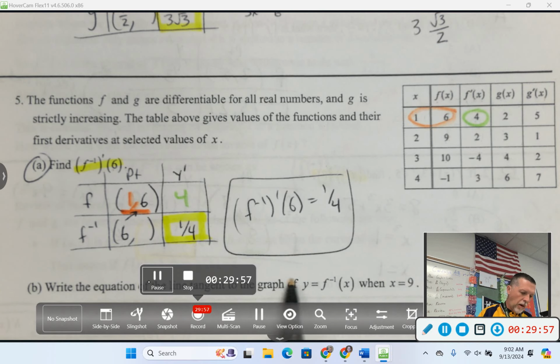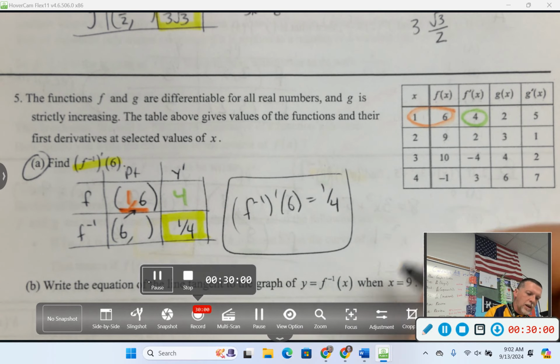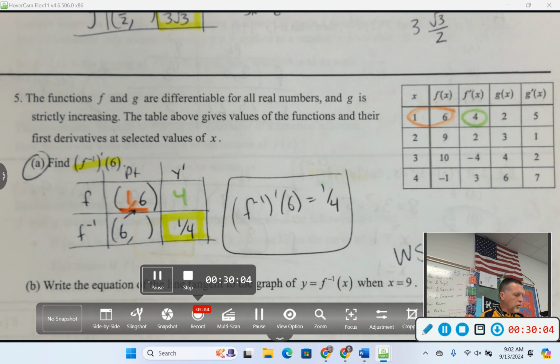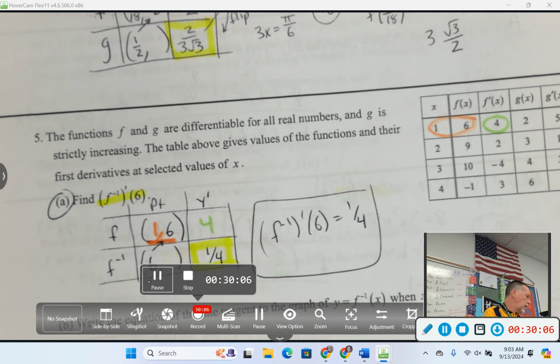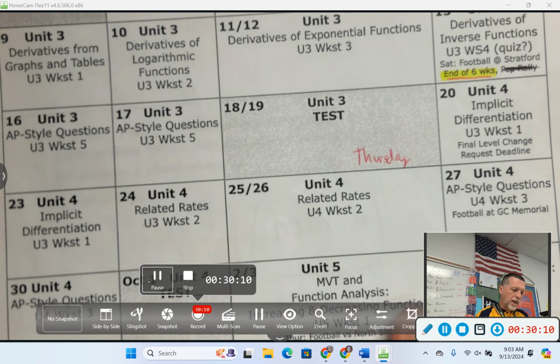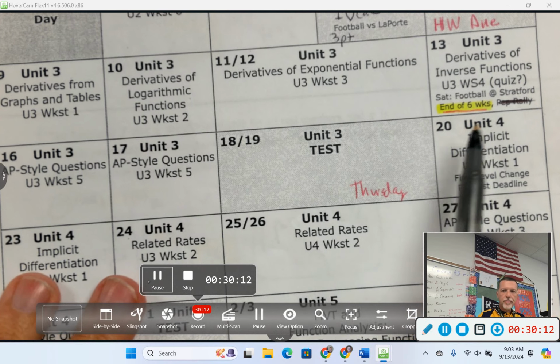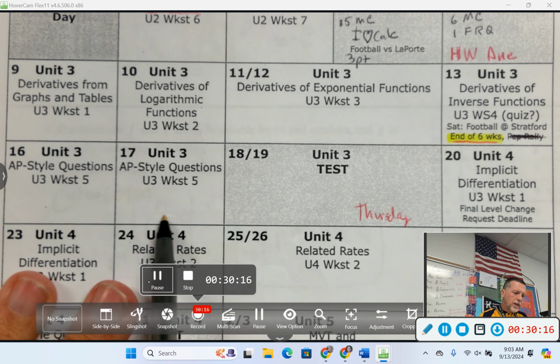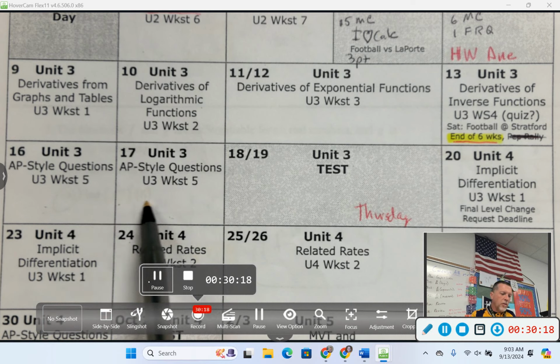All right, the rest of them is just more practice of the same stuff, so you don't need to do those two. So today's assignment is worksheet 4. Just as a reminder, as you peek ahead, worksheet 4 today, we'll do how you want to divide up the rest of the worksheet.